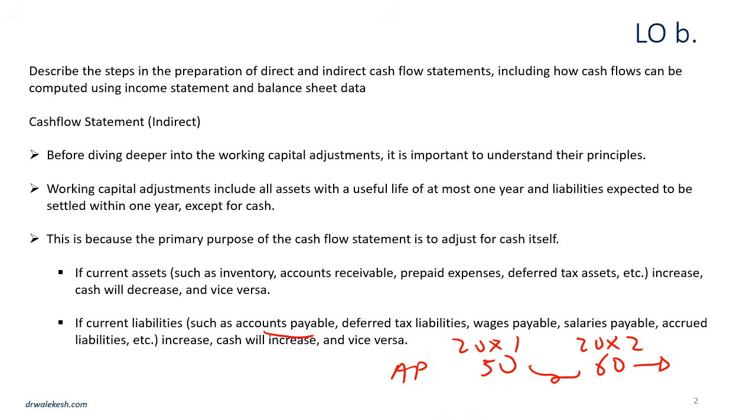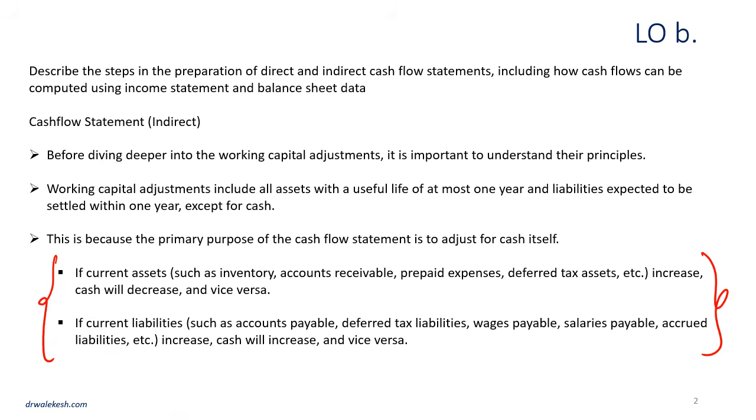This change of plus 10 will be recognized under cash flow from operations as a cash increase. That is, we will recognize plus 10. Please be reminded that no cramming is allowed, so we will discuss the logic behind what I have here on the next slide.